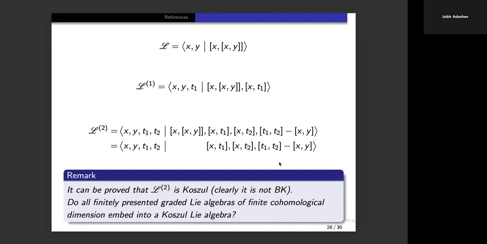And of course, a Koszul Lie algebra cannot be of infinite cohomological dimension because its cohomology is a quotient of an exterior algebra on a finite dimensional vector space. So the cohomological dimension of a Koszul Lie algebra is finite, and so it must be that of all of its subalgebras. So nice. I want to leave you with this question here about the embedding into Koszul Lie algebras.